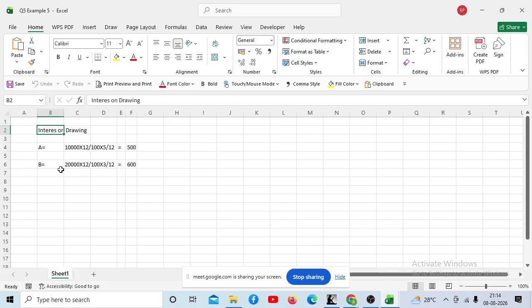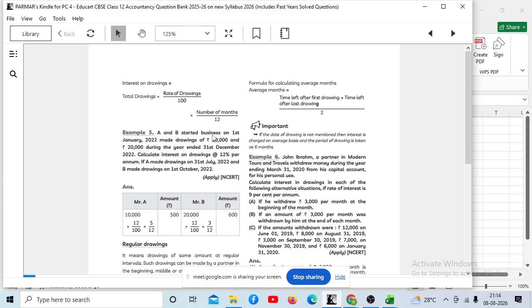Give the heading as interest on drawing. Now I will just explain first. We want to calculate the interest on drawing for A, right? So we will see how much money A has withdrawn, 10,000, right?